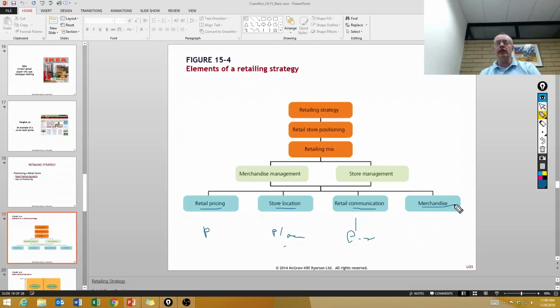And then the merchandise, the type of merchandise they carry, that corresponds to our product P. So retailers can have different pricing strategies, different kinds of store location, different forms of advertising and promotion, and different kinds of products to position themselves in the minds of consumers. So we see some examples of this up next.